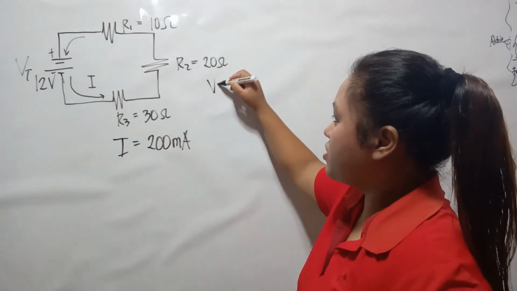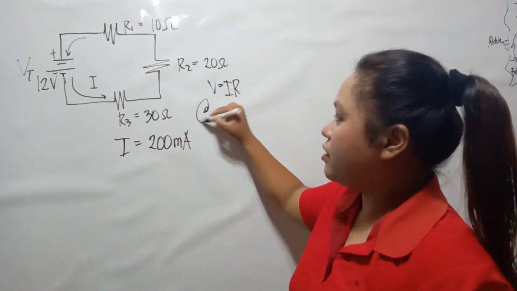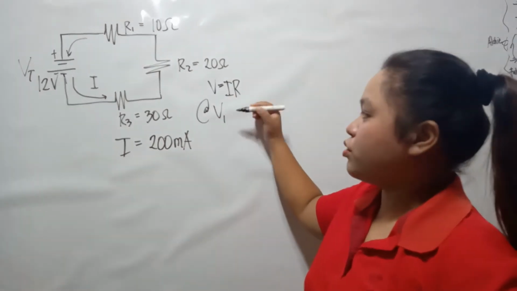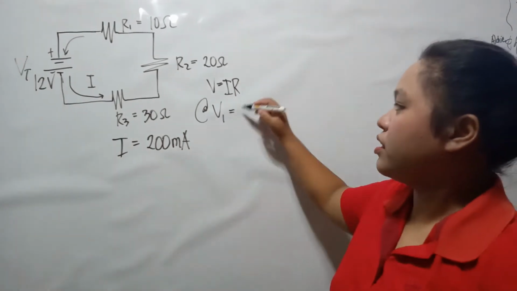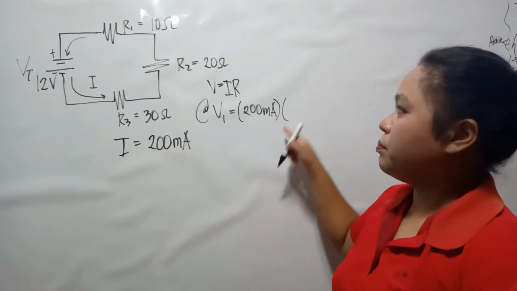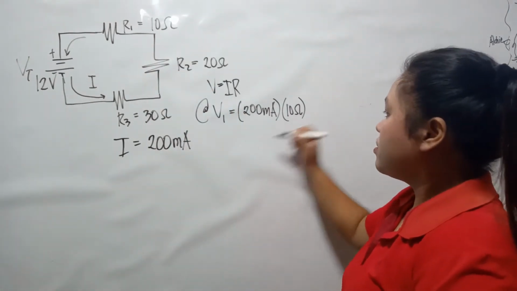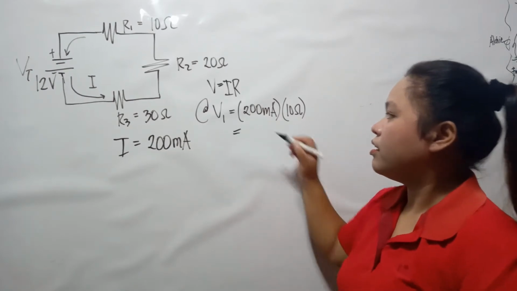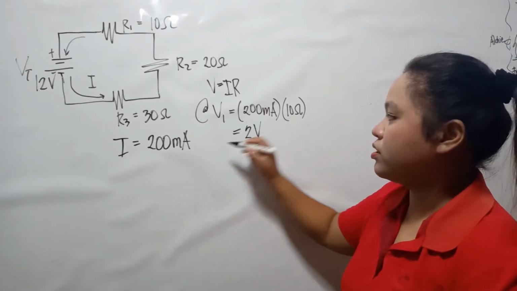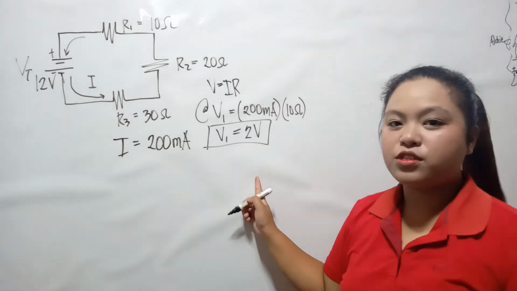So voltage is equal to current multiplied by resistance. The voltage in resistor 1 is equal to the current, 200 milliampere, multiplied by the resistance, 10 ohms. So that is 2 volts. So V1 is equal to 2 volts.